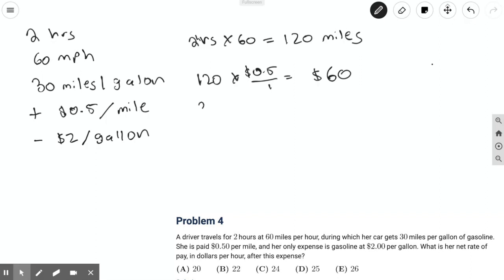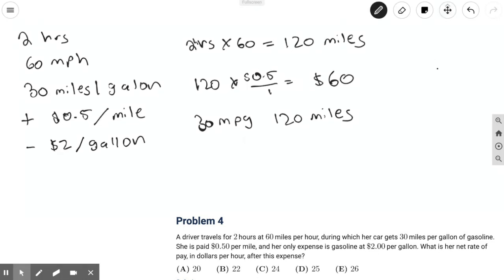Now let's look at how much money she loses. So if she can drive 30 miles per gallon and she travels 120 miles, the total amount of gallons she would use would be 120 over 30, which is 4 gallons.